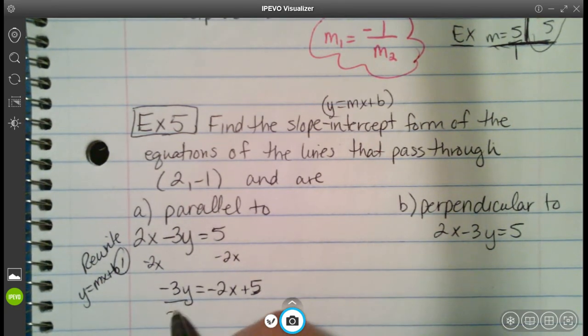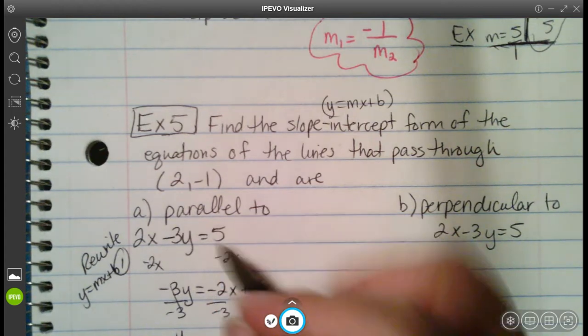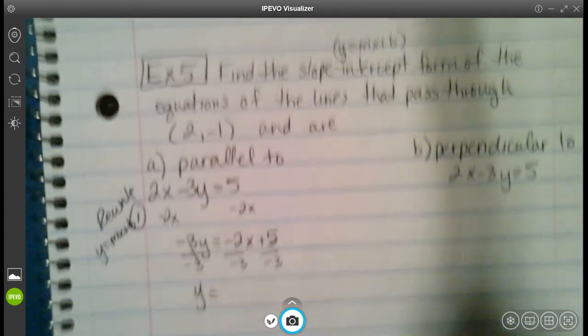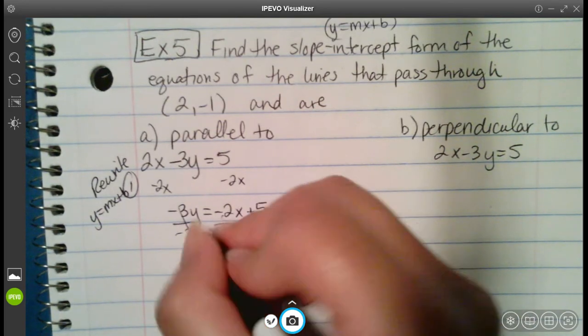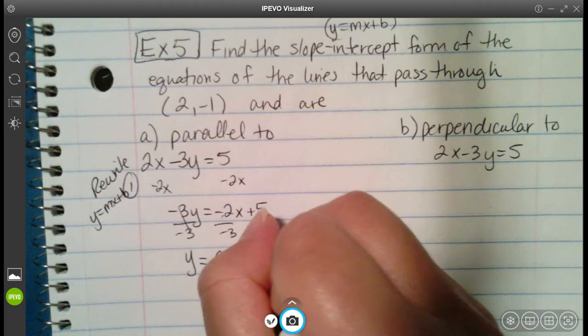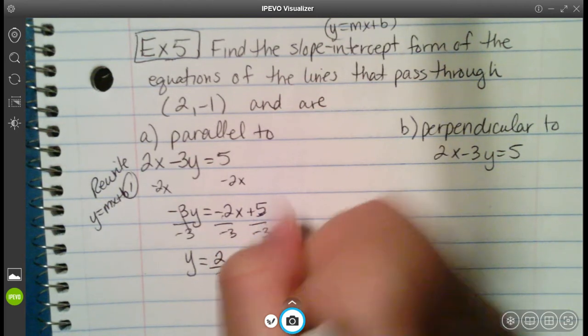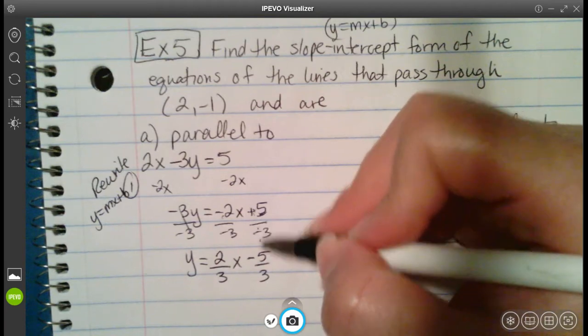Okay, divide both sides by -3. Make sure you divide every single term. So y equals, right here, we have -2 divided by -3. We're going to leave it as a fraction. So 2/3 x minus 5 over 3, because this positive and negative make a negative.